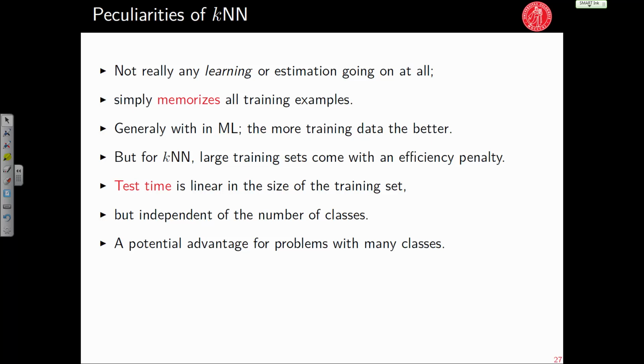So the test time is linear in the size of the training set. If you increase it to a large number, it takes a long time to finish computing.